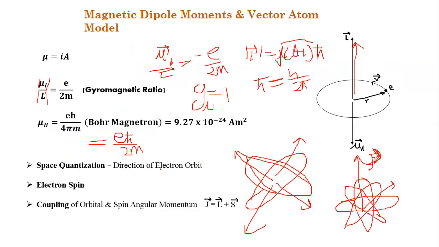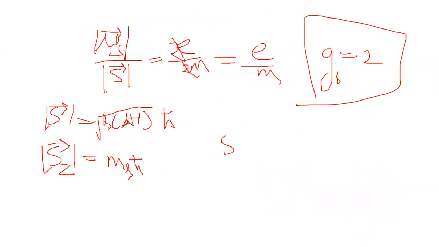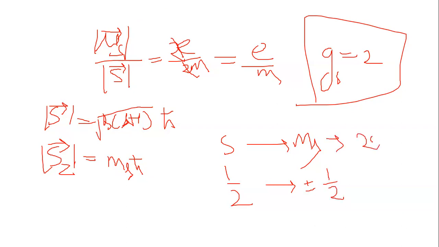Like in the previous case, corresponding to a particular l value there are different ml values. Similarly, corresponding to a particular s value there are different ms values. For s equal to half, we get ms equal to plus minus half, that is, we have 2s plus 1 values.